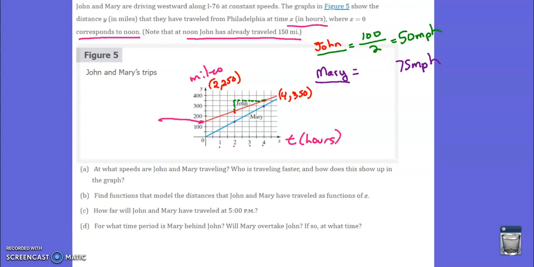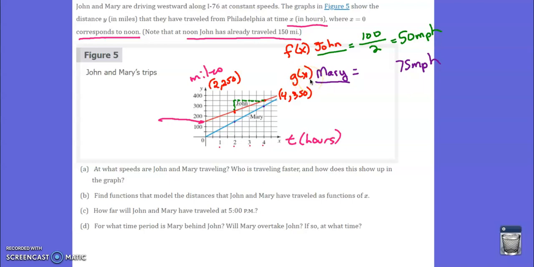So letter B, find functions that model the distance that John and Mary have traveled. Well, let's look at John's, y equals mx plus b. So we're going to have two different functions. Let's call them f and g.